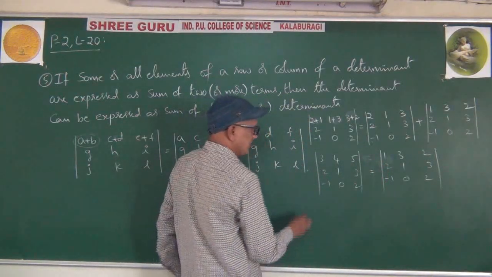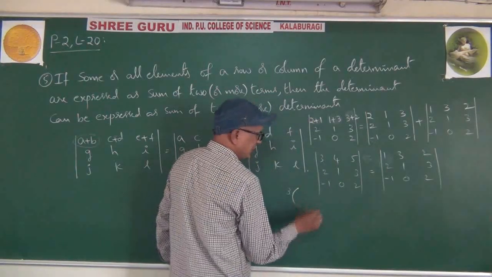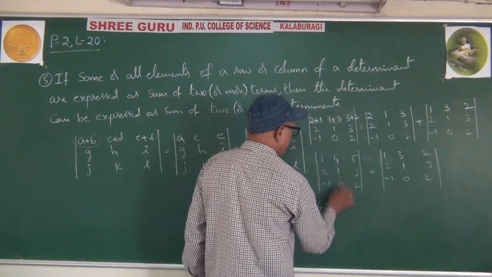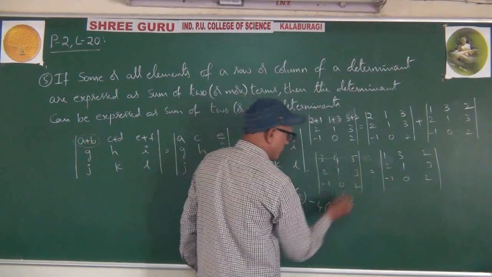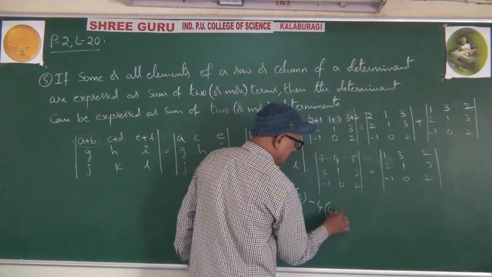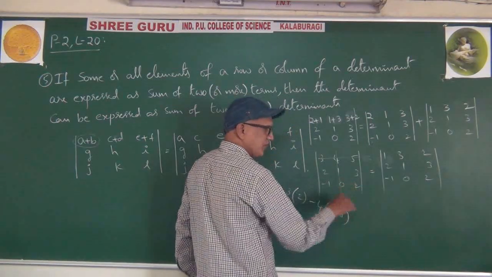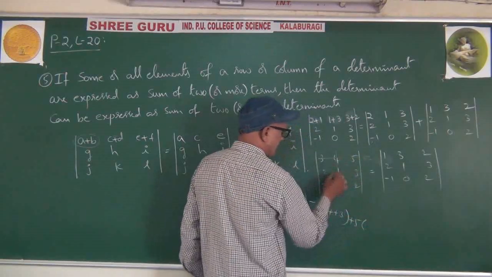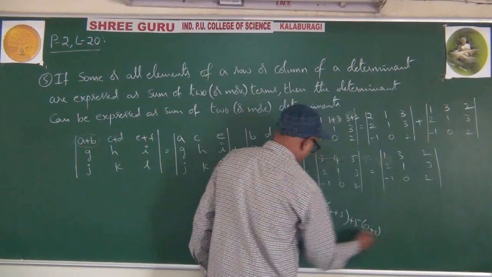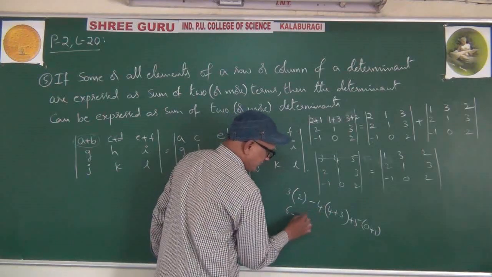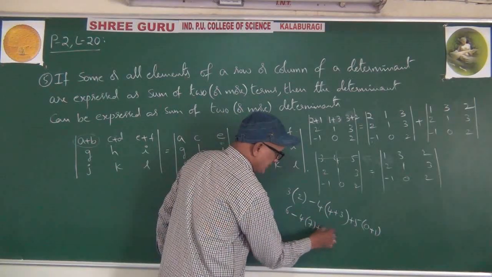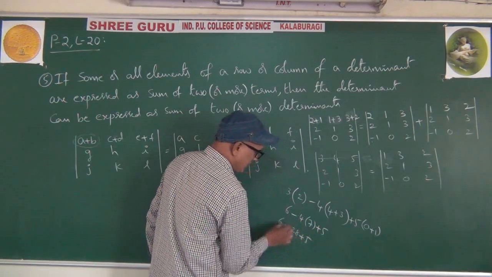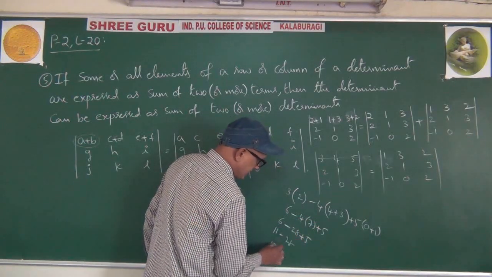Let us see how it is possible. 3 into expansion, 2 minus 0, minus 4 into 4 plus 3, minus 3 into minus 1, minus 3 plus 3, plus 5 into 0 plus 1. 6 minus 4 into 7 plus 5, 6 minus 28 plus 5, 11 minus 28.